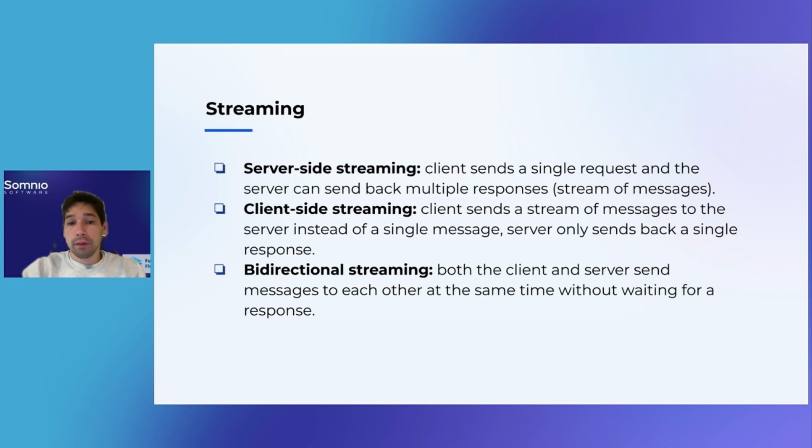Basically, we have both server-side and client-side streaming. It will depend on what we want to stream. If we want to stream something from the server, that will be server-side streaming. And if we want to send something to the server continuously, that will be client-side streaming. But we can also provide bidirectional streaming, which means that both the client and server are sending messages to each other at any point.